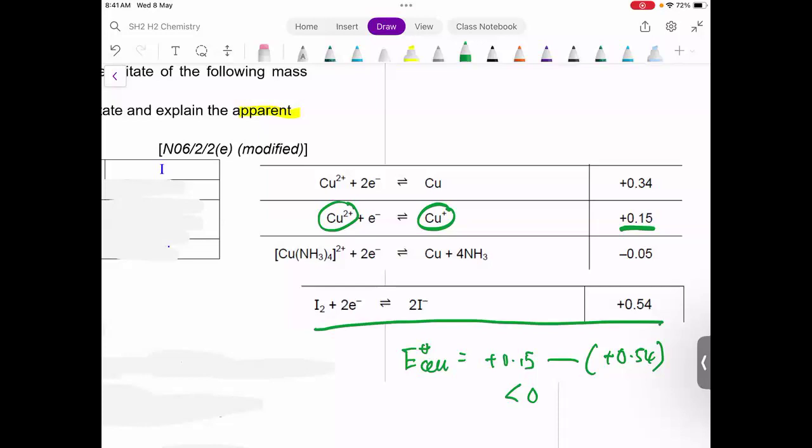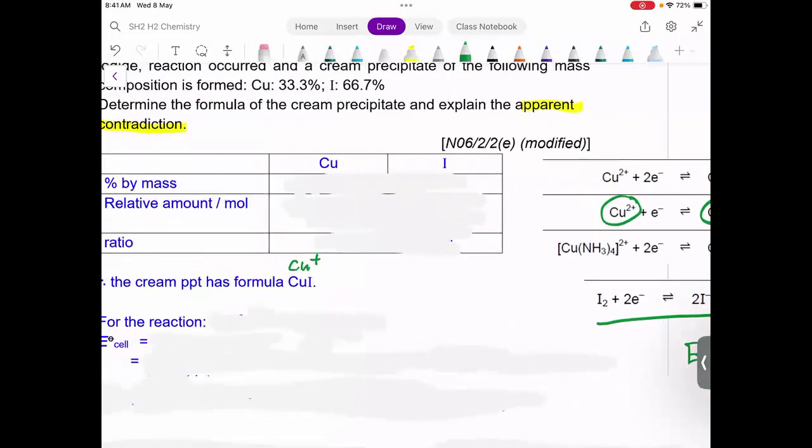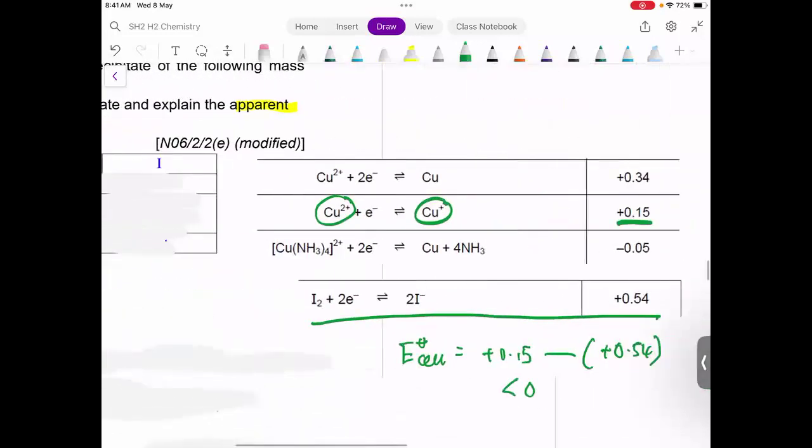Do you know why I consider this? Because the copper 1 iodide is +1, so we are using this half equation instead to calculate. Who can answer? Instead of me giving you the answer, now it's your turn to tell me.